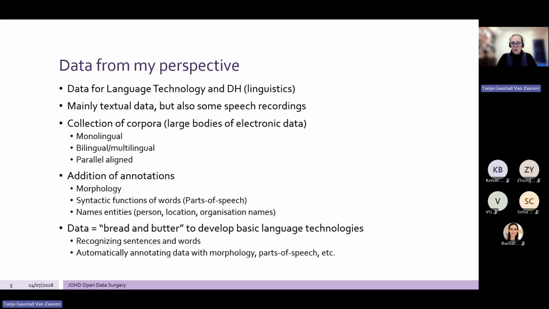To summarize, for the work I do, data is the bread and butter that I need to be able to develop basic language technologies. So I need data to be able to recognize sentences and words in given languages. And I also need annotated data to be able to then automatically annotate further data with morphology or part of speech.